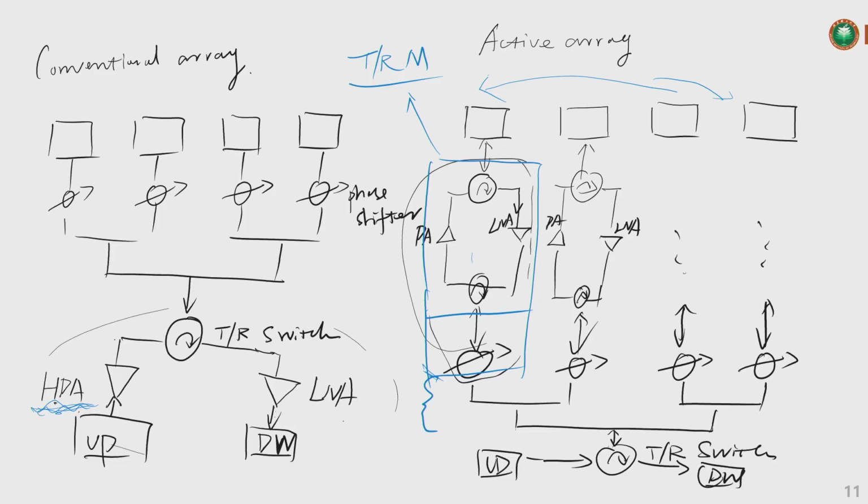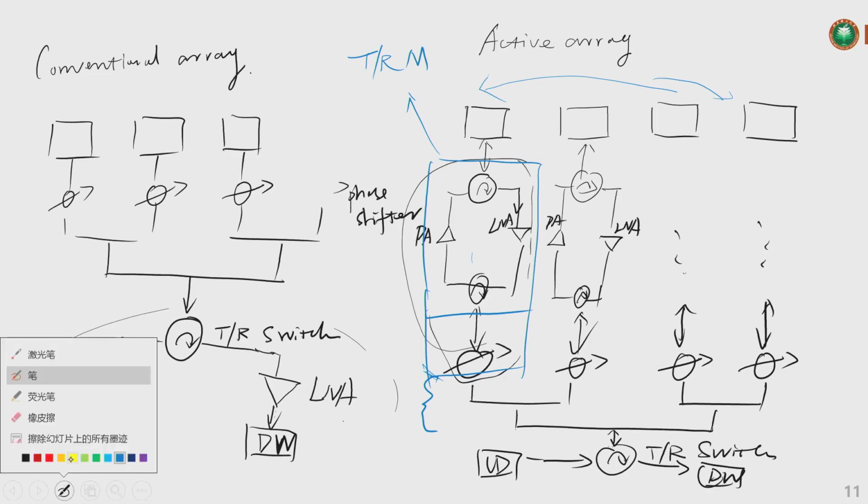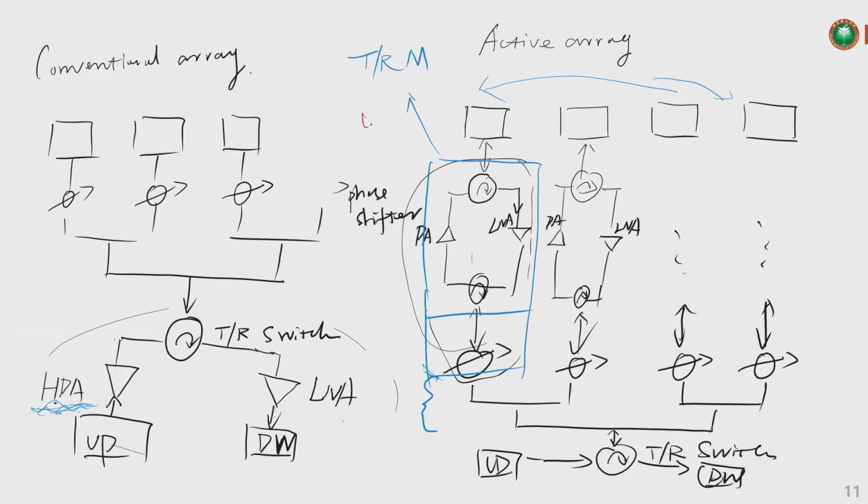And to overcome such disadvantages, each TRM module can contain, for example, power conditioning and a circulator and some other components, or a calibration circuit for each one.